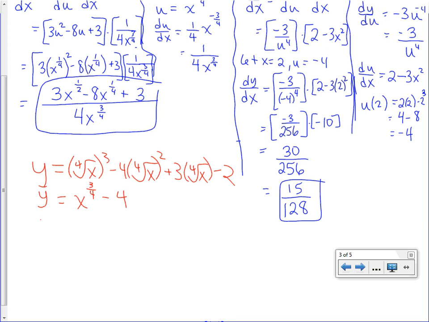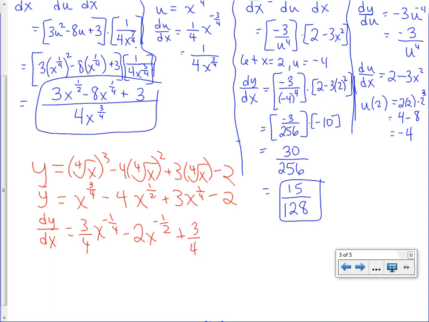It's the x to the 1/4, but squared, so that's x to the half, and then plus 3x to the 1/4 minus 2. dy by dx, again, don't be writing this, this is just for your FYI, is 3 over 4 x to the negative 1/4 minus 2x to the negative 1/2 plus 3/4 x to the negative 3/4.